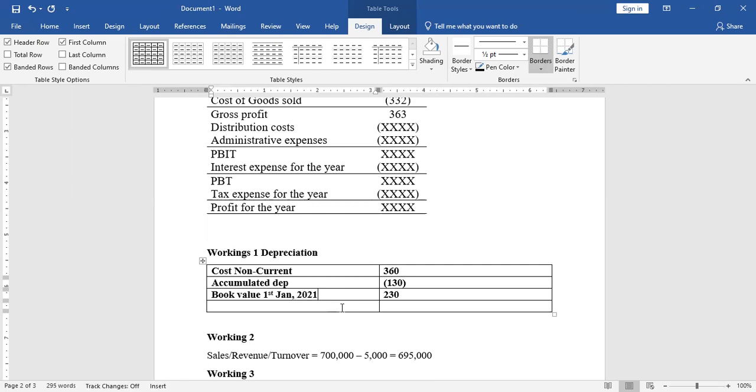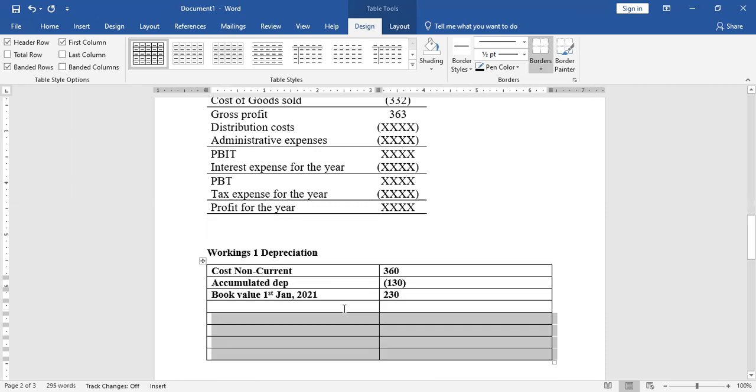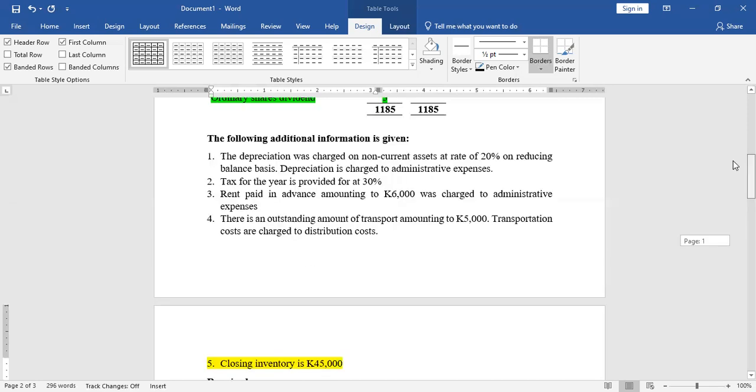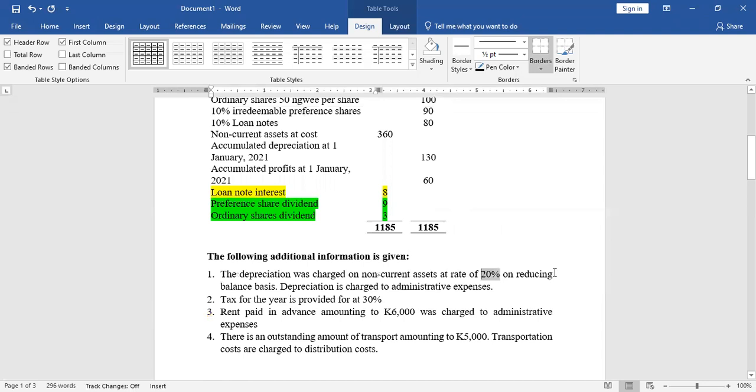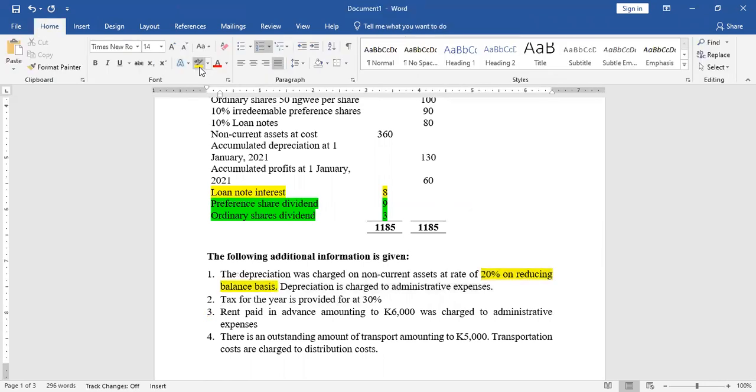So this asset has to be depreciated further now for this year. According to the note, it's 20% on reducing balance basis.